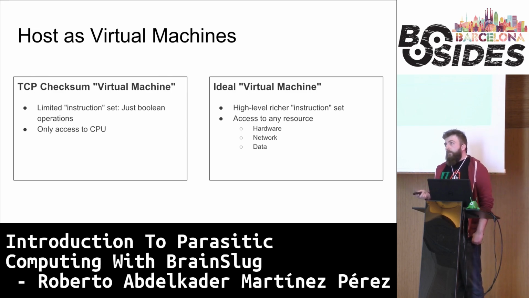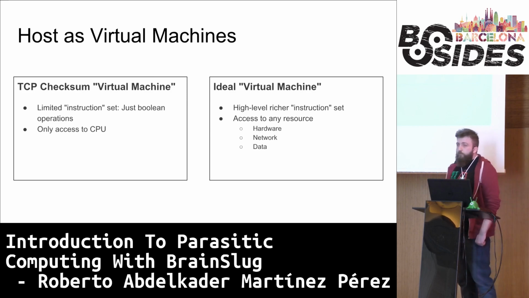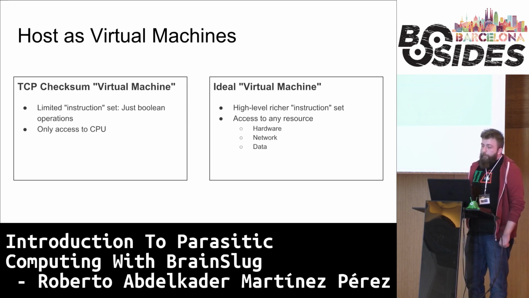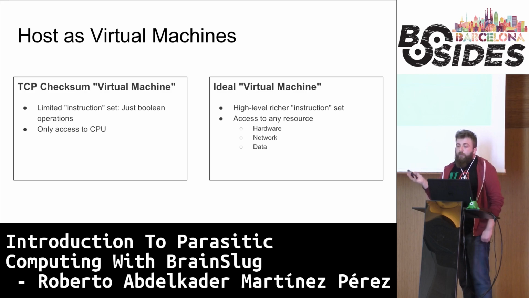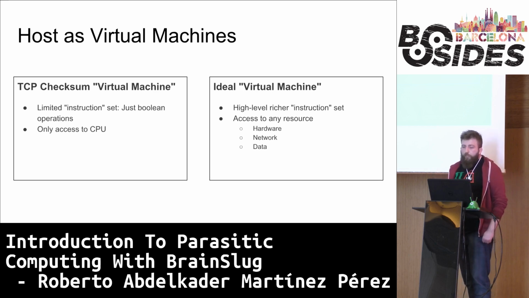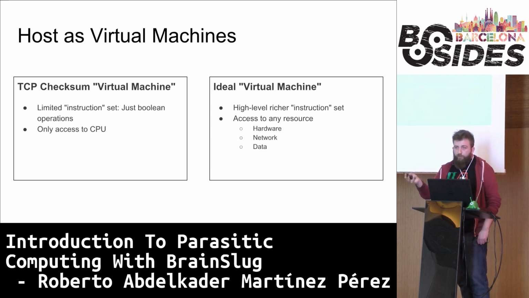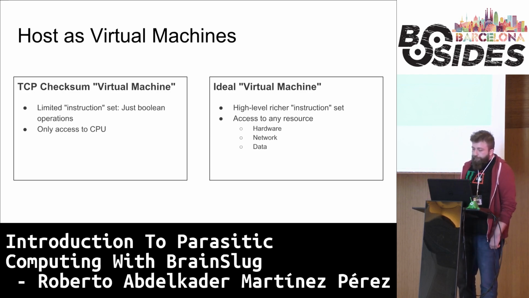But if we think about an ideal virtual machine for our parasite to take advantage of, we would like to have a high-level, richer instruction set. I mean by high-level, like in a programming language, very high-level stuff, and richer, really a big variety of instructions that we can perform in the host.